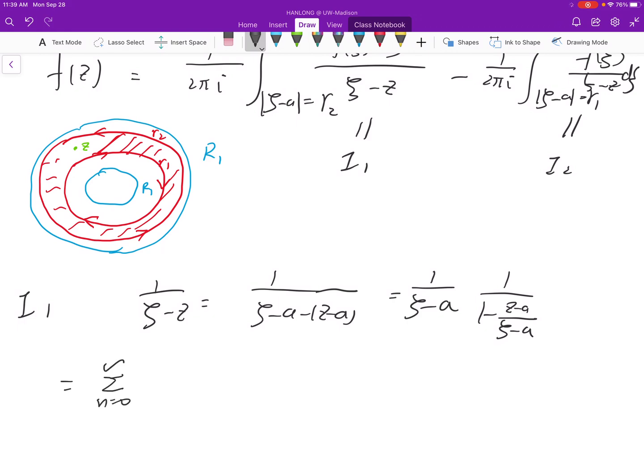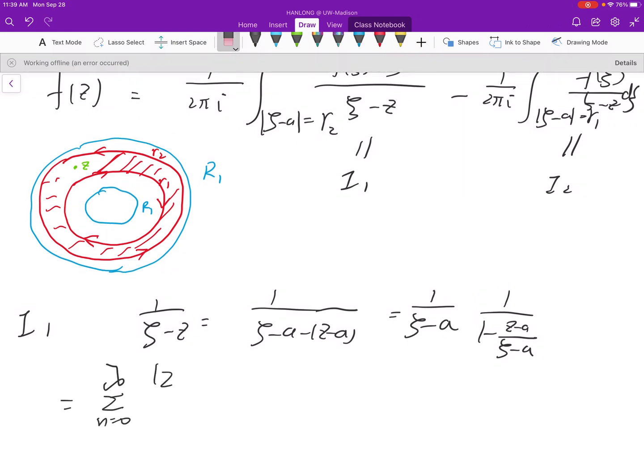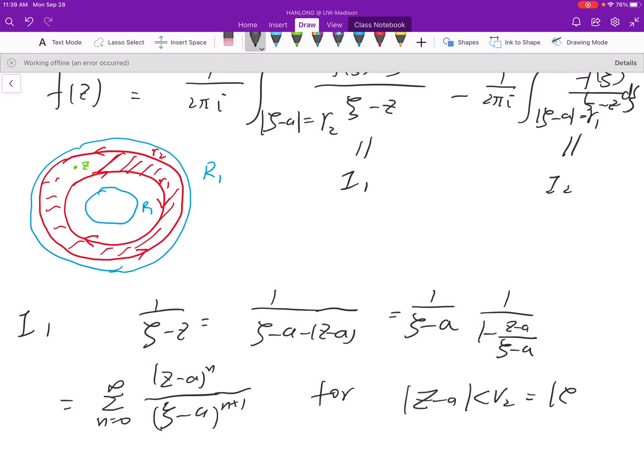The summation from n equals 0 to infinity of (z minus a) to the nth power divided by (zeta minus a) to the n plus 1 power, for |z minus a| less than r2 equals |zeta minus a|.